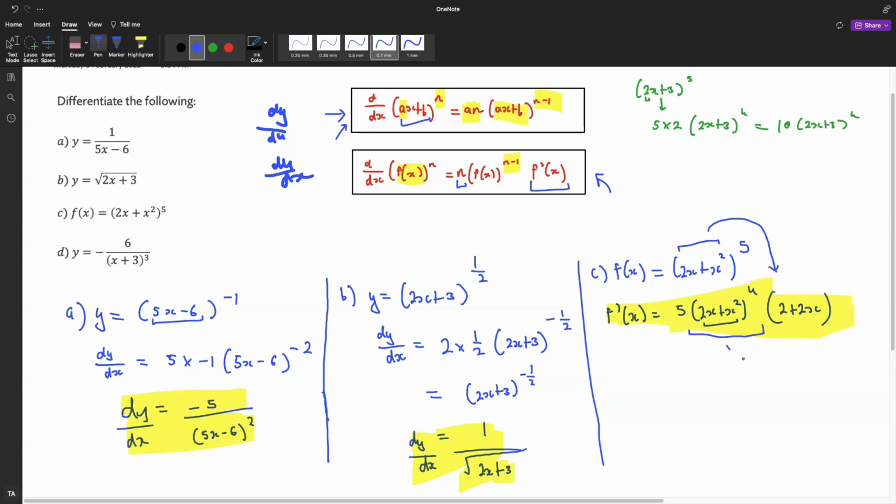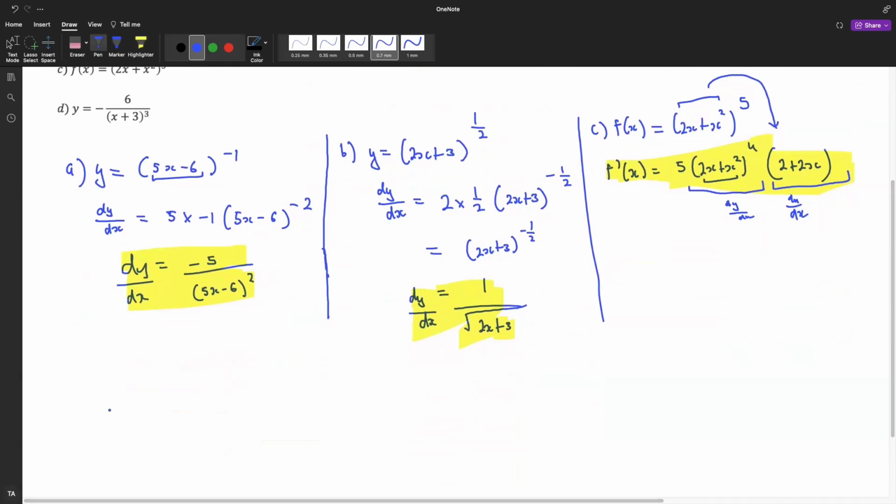So this is basically our dy over du, and this is our du over dx. Right? So it's very, very similar sort of thing that's going on here.